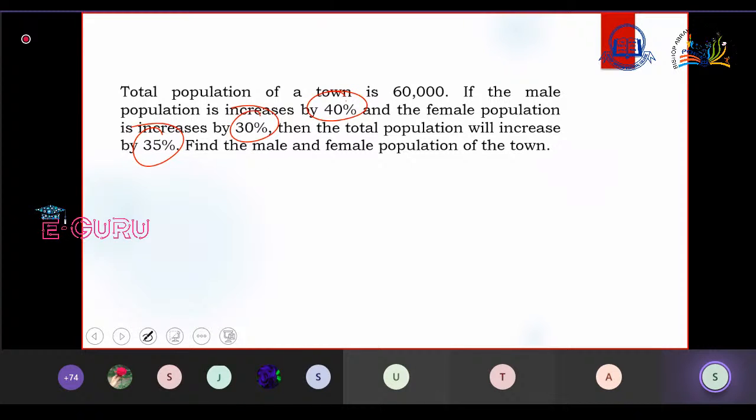Okay. The total population of a town is 60,000. If the male population increases by 40% and the female population increases by 30%, then the total population will also increase by 35%. We need to find out the current male and female population of the town.